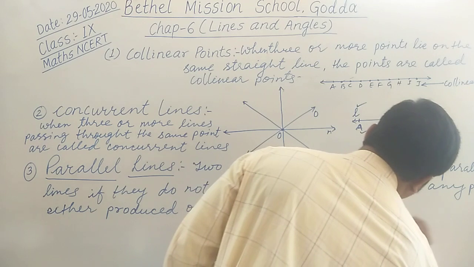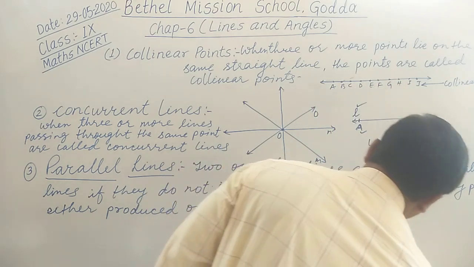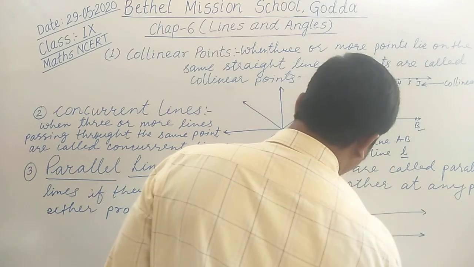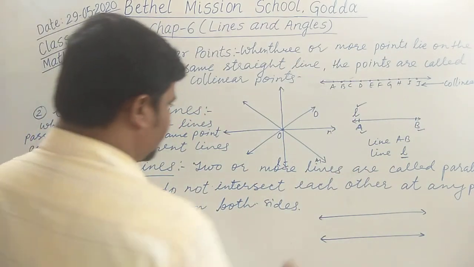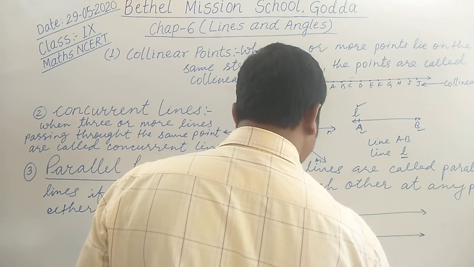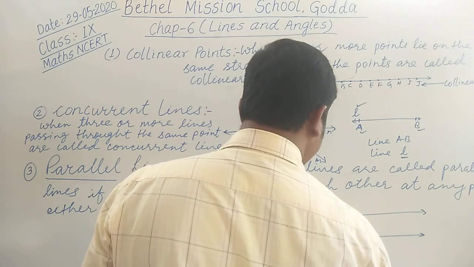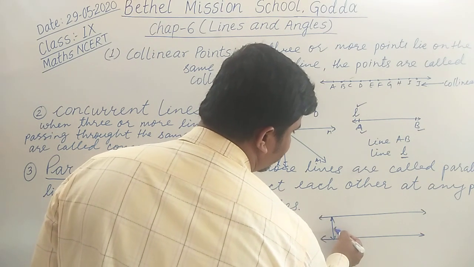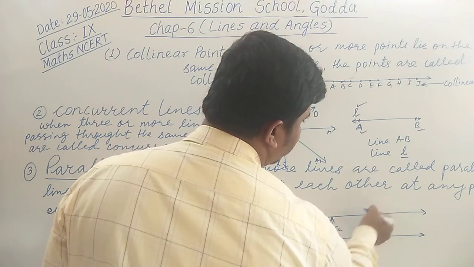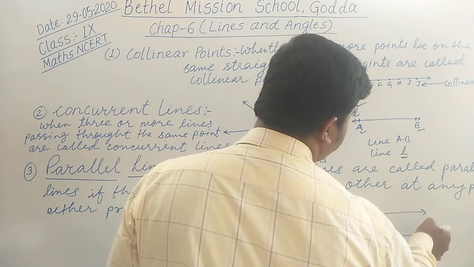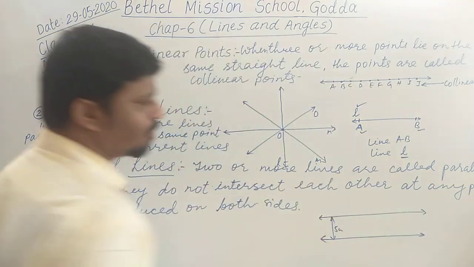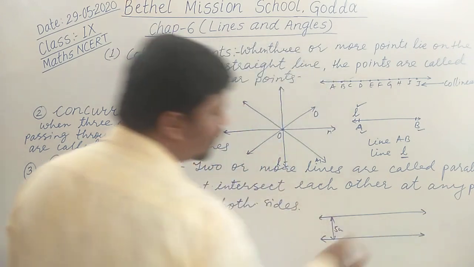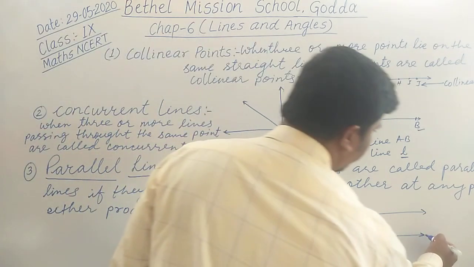You can see these two lines. These two lines are parallel lines because the distance between them is the same everywhere. If the distance between these two parallel lines is 5 cm here, then at every point the distance between them will be 5 cm only. That's why this type of lines are called parallel lines.